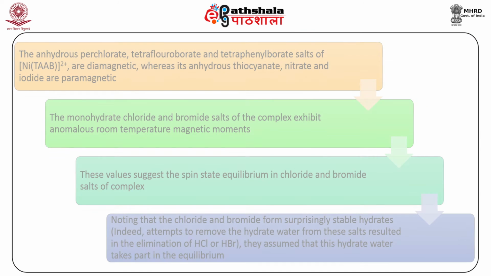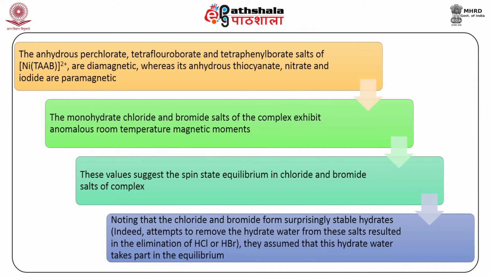The anhydrous perchlorate, tetrafluoroborate, and tetraphenylborate salts of the complex are diamagnetic, whereas its anhydrous thiocyanate, nitrate, and iodide are paramagnetic. The monohydrate, chloride, and bromide salts of the complex exhibit anomalous room temperature magnetic moments. These values suggest the spin state equilibrium in chloride and bromide salts of the complex.